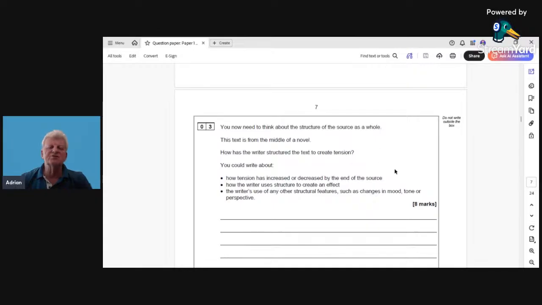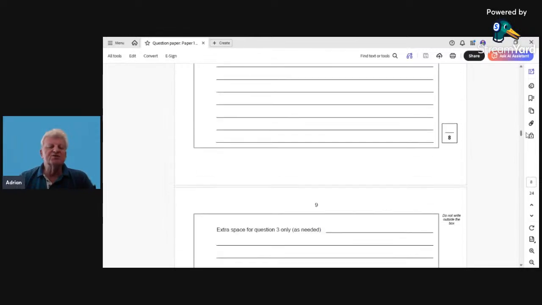And many times in structure, the writer will create a negative atmosphere by using very negative words, or creating fear by making sure that Pi feels constantly involved in this possibility of danger. So that's something about the structure question. You're meant to learn how and why the writer has structured a text in a certain way. Why has it been done? What's the impact? What's the effect? So that's question 3.